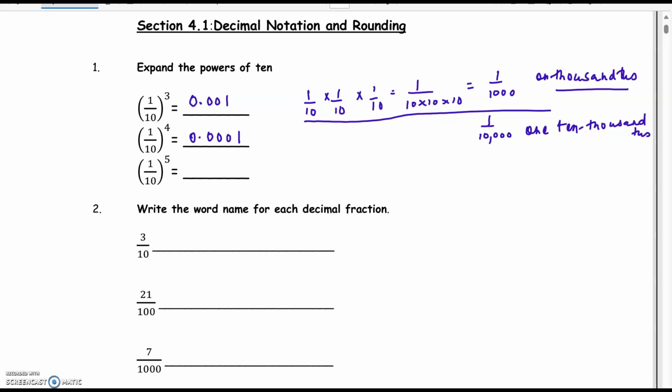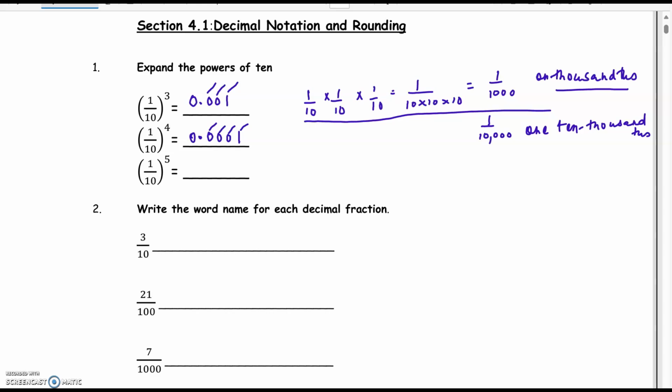So this is tenths, hundredths, thousandths. So that is the place value. So this first 0 after the decimal point is the tenths place. Next comes the hundredths place, then the thousandths place, and then the 10,000ths place.